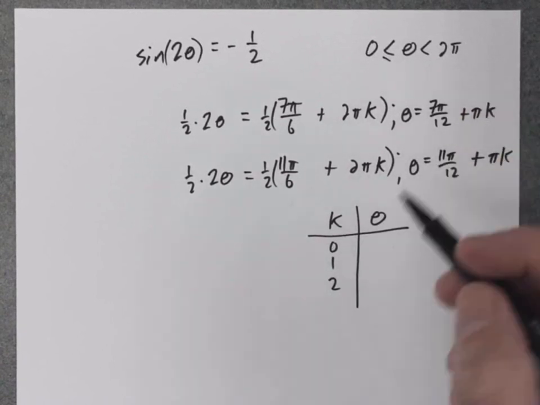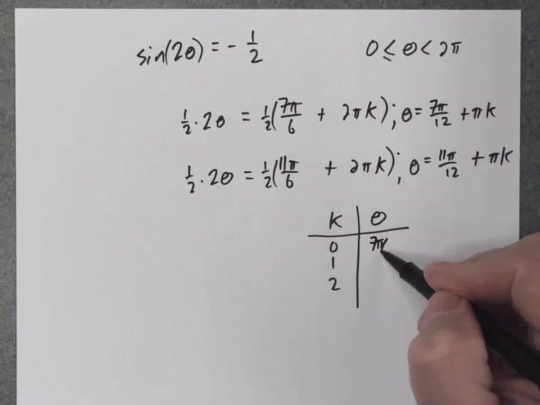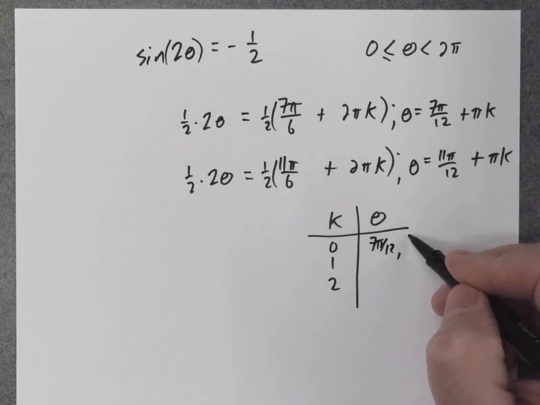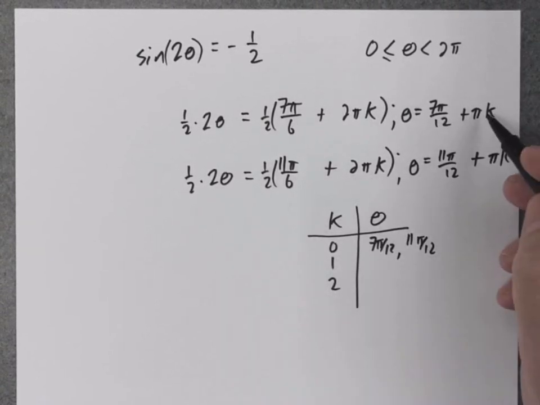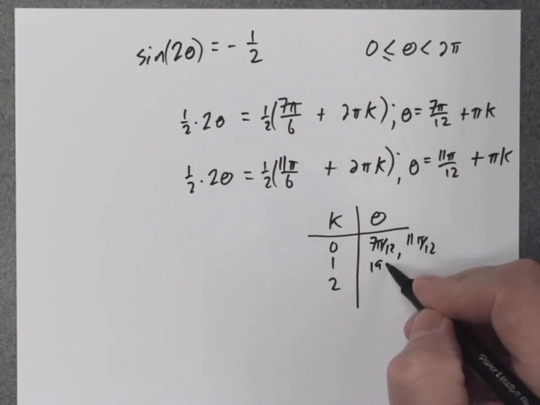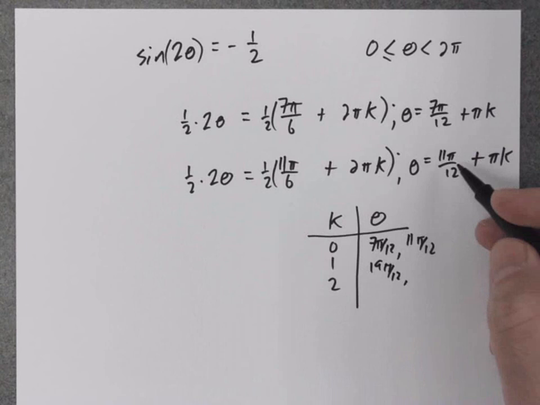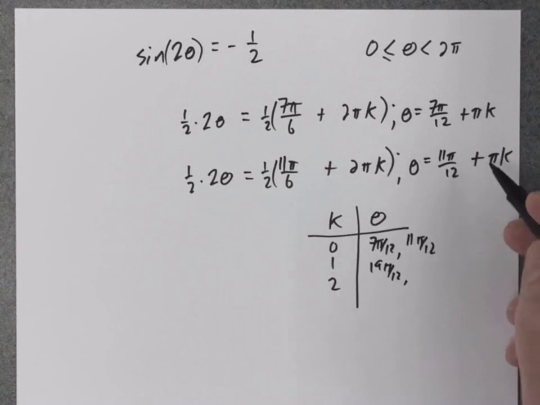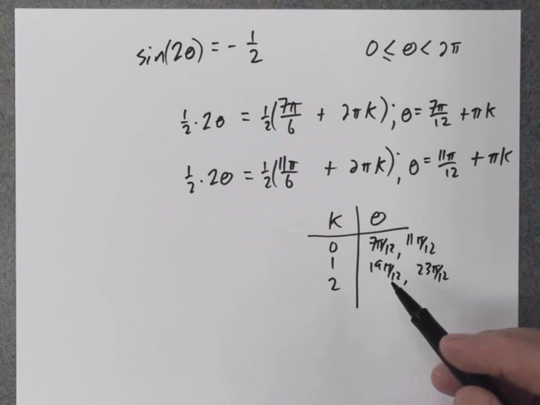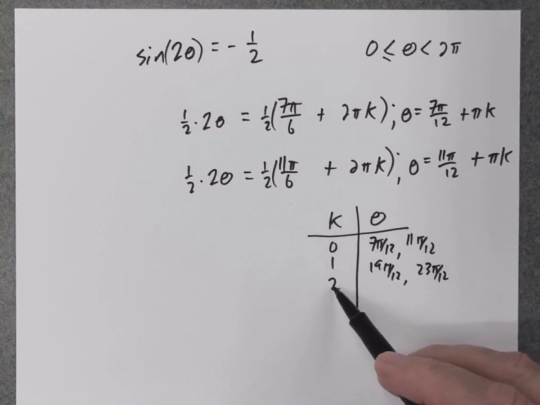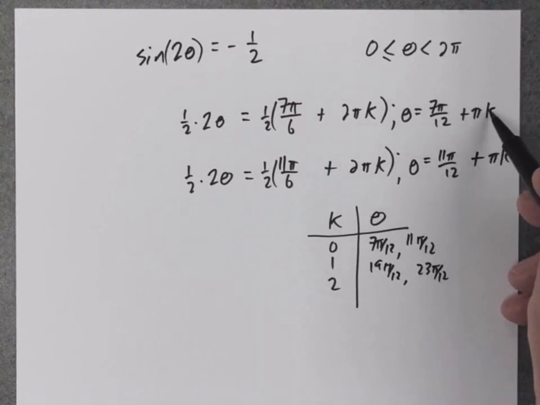So for k equals 0, it'll have 7 pi over 12 and 11 pi over 12. If k is 1, pi plus 7 pi over 12 is 19 pi over 12, and pi plus 11 pi over 12 is 23 pi over 12. Now when I set k equal to 2, I'm going to be adding 2 pi to this.